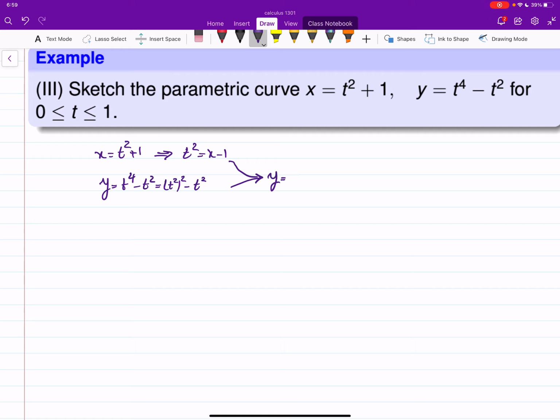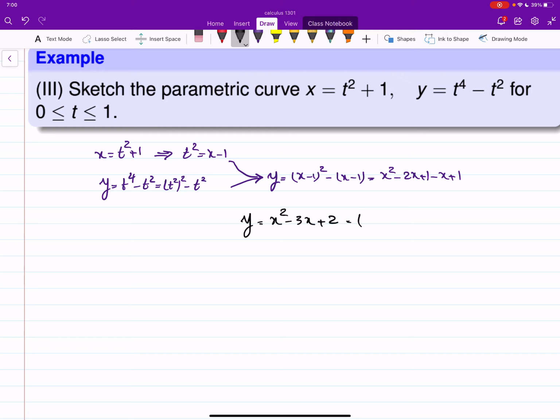So y is, well, if you put square root of x minus 1 for t, it will work the same way. But here now it's (x minus 1) squared minus (x minus 1). And that is x squared minus 2x plus 1 minus x plus 1. So that gives us y equals x squared minus 3x plus 2.